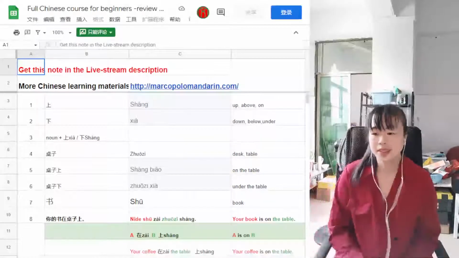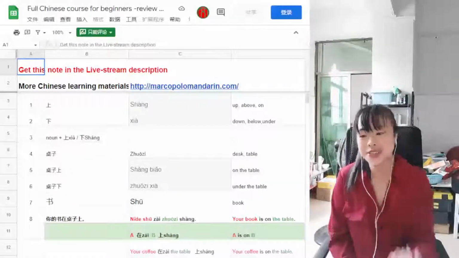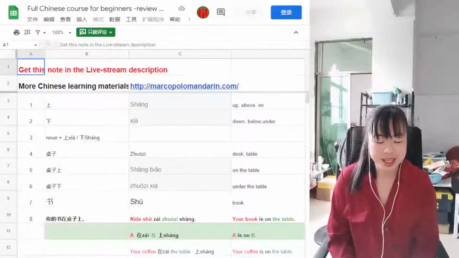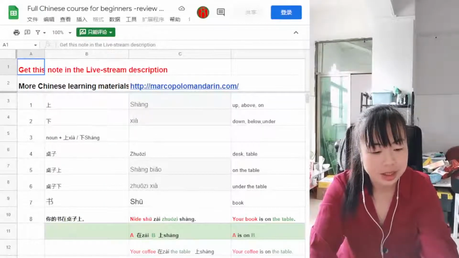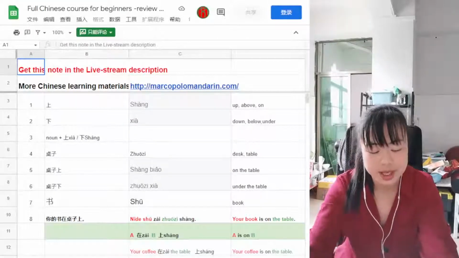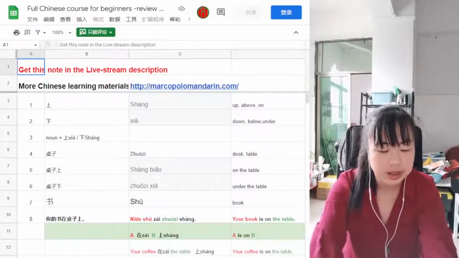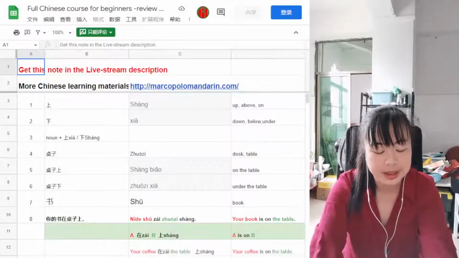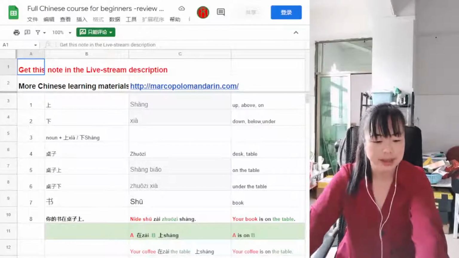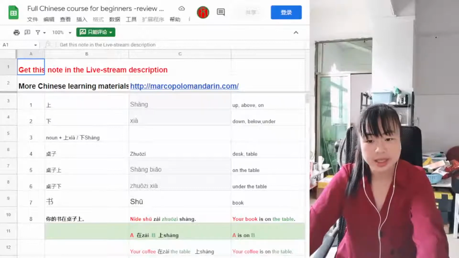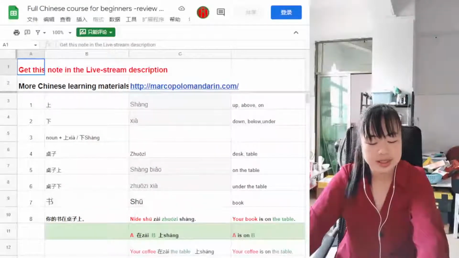Step three, we translate the two English phrases into Chinese. Okay? How do you say your cell phone? 你的手机. Okay, I'll type in the next line. 你的手机在桌子. Okay, that's it. 你的手机在桌子下.